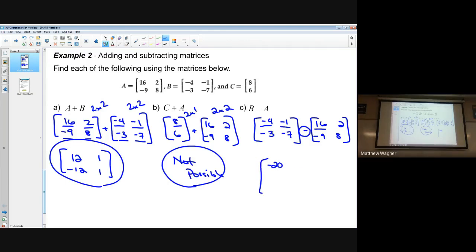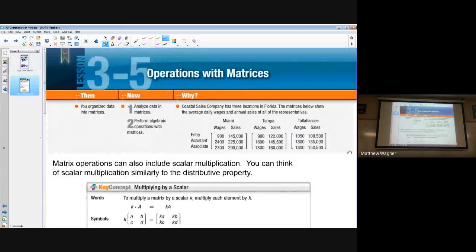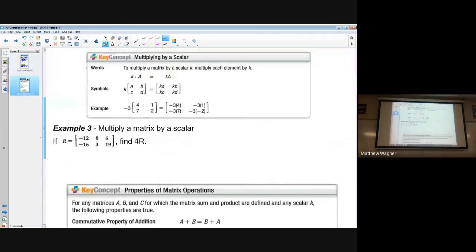Negative 1 minus 2 is negative 3. Negative 3 minus a negative 9 is actually negative 3 plus 9, which is 6. Negative 7 minus 8 is negative 15. So adding and subtracting matrices is super easy. Just look for those corresponding entries.